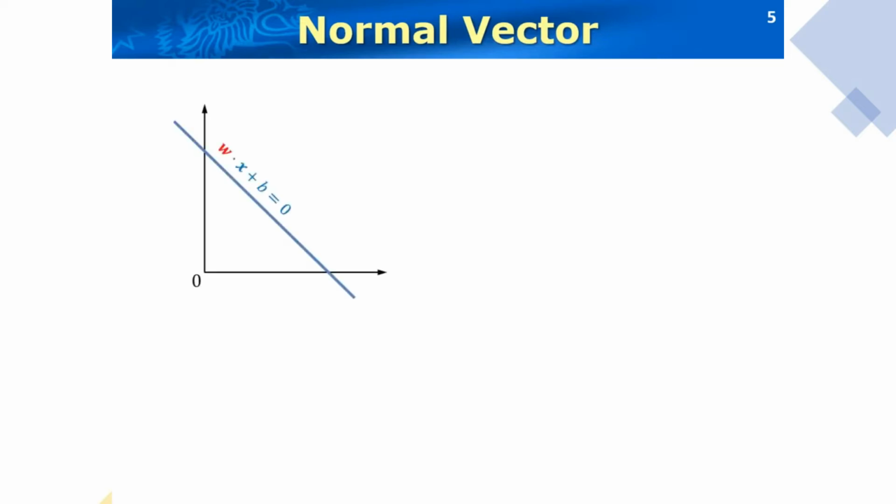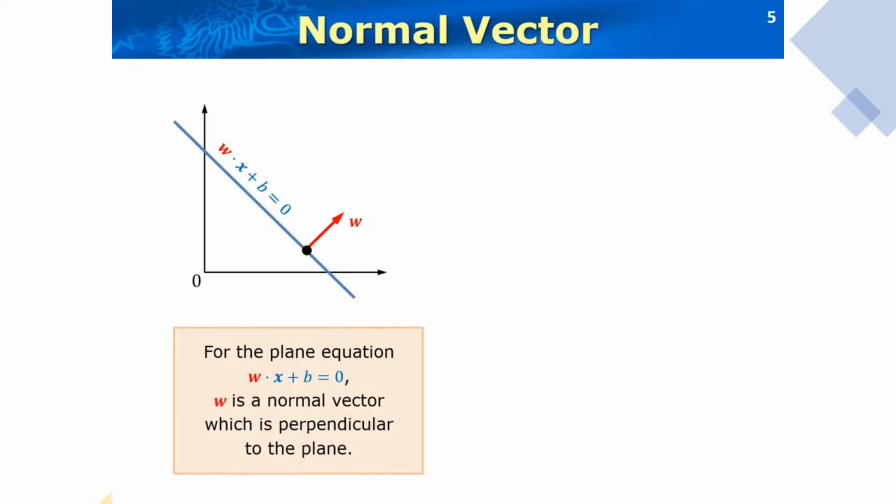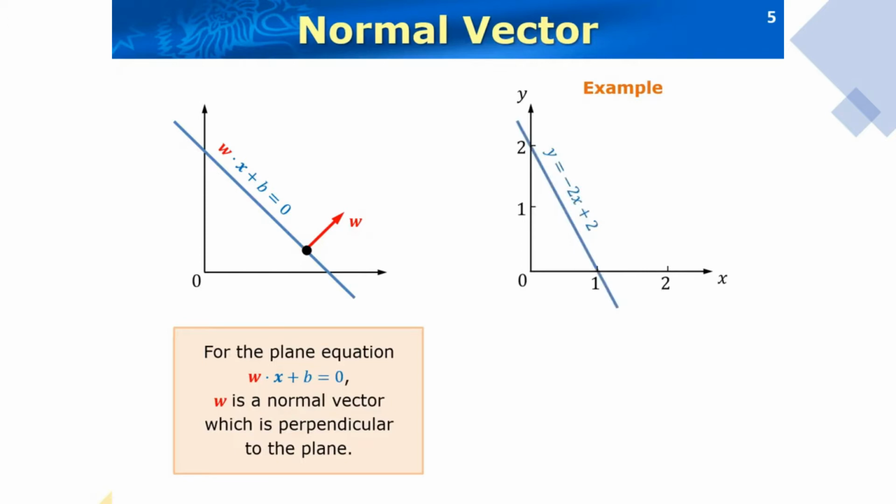Given a straight line in 2 dimensions or a plane in 3 dimensions, we can represent it in a vector form wx plus b is equal to 0. Here, w is a norm vector which is perpendicular to the plane. For example, given a straight line y is equal to minus 2x plus 2, to get its norm vector w, we first rearrange terms as 2x plus y minus 2 is equal to 0.